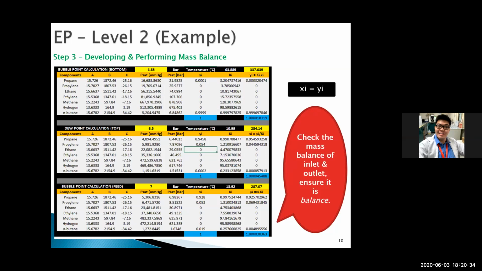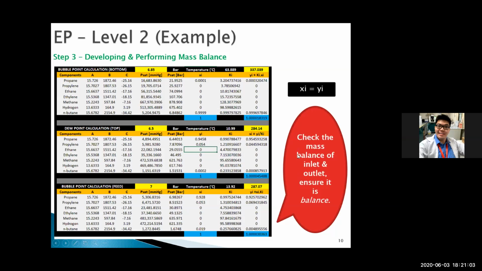It's basically a trial and error process. The aim is for you to get the vapor fraction equal to the liquid fraction, as in 1:1. It does not have to be exactly 1.000 to 1.000 as long as it's 1:1. It could be like you see on the screen, around 1.00018, something like that.